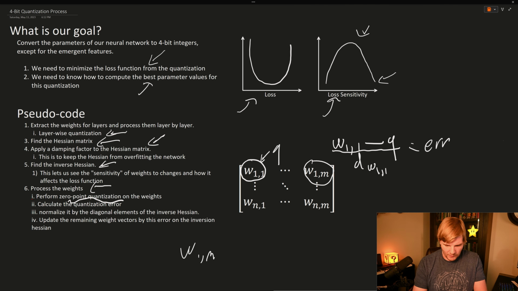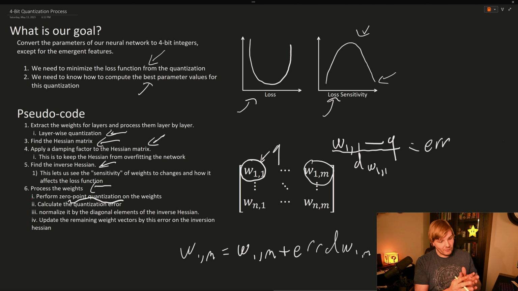Weight 1m would equal weight 1m plus this error times its relevant value in the Hessian. And remember, in this case, if it's a larger value, we can adjust this weight more without having to worry about introducing error. And for smaller values, we need to adjust it less.